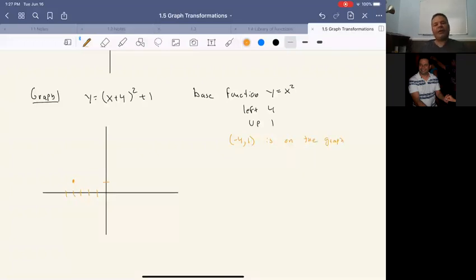But I'm going to actually find 2 more points on the graph. So now what I'm going to do is I'm going to pick 2 more points that are easy to find. And so what I do is I take values that are 1 to the left and 1 to the right of my vertex. So I'm going to pick x equals -3, x equals -5.